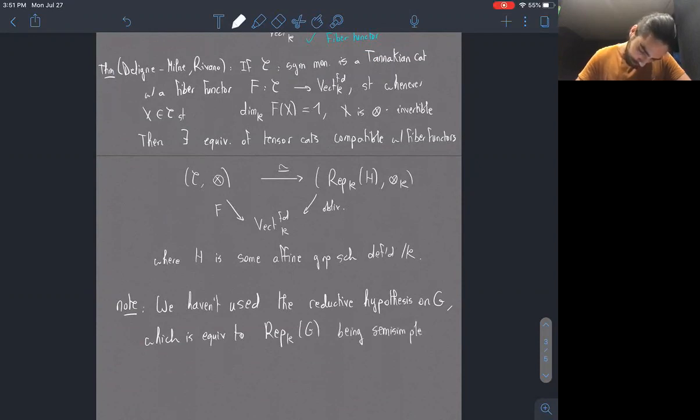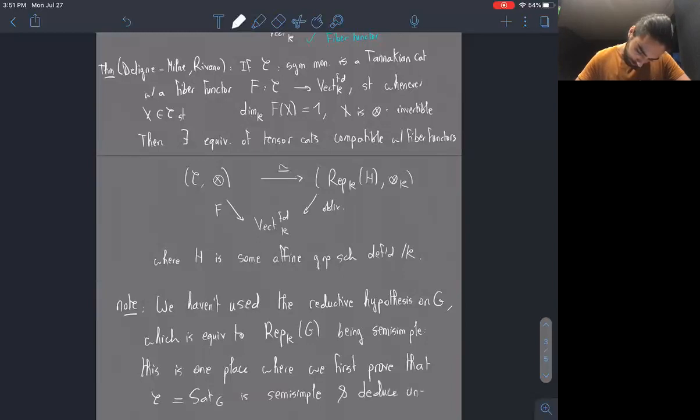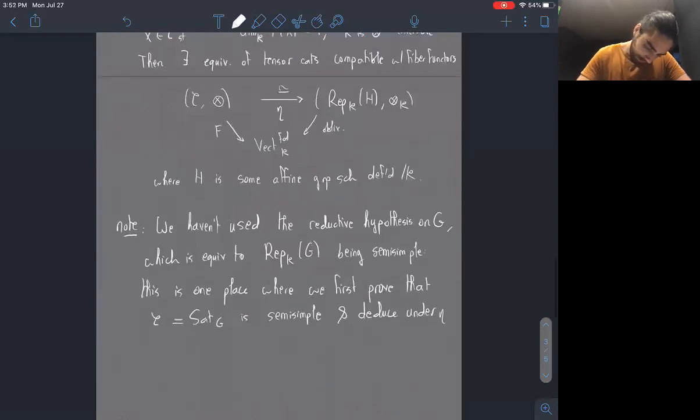So this is one place where we first prove that the category C of perverse sheaves, the Satake category, is semi-simple, and deduce under the Tannakian equivalence that the group H that we're given is reductive.